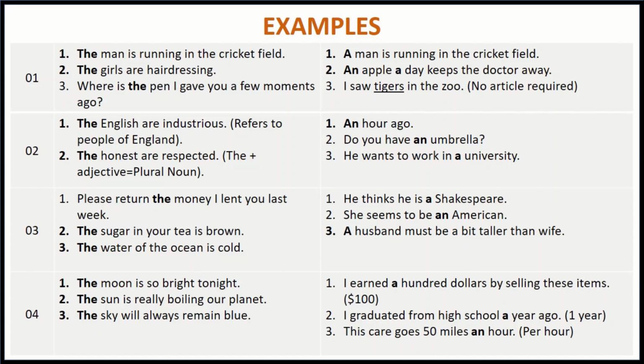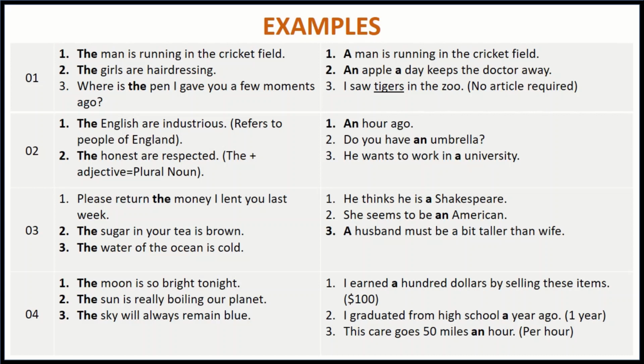Now, basically, umbrella and university both have the same letter U, a vowel letter, but the sound actually matters. So it's the sound of these words. University begins with the sound yoo, so that's a consonant sound. So therefore, a university. If you want to learn more about sounds in the English language, you have to look at some lecture videos on YouTube about that. I will also plan and try to make a video on that too.